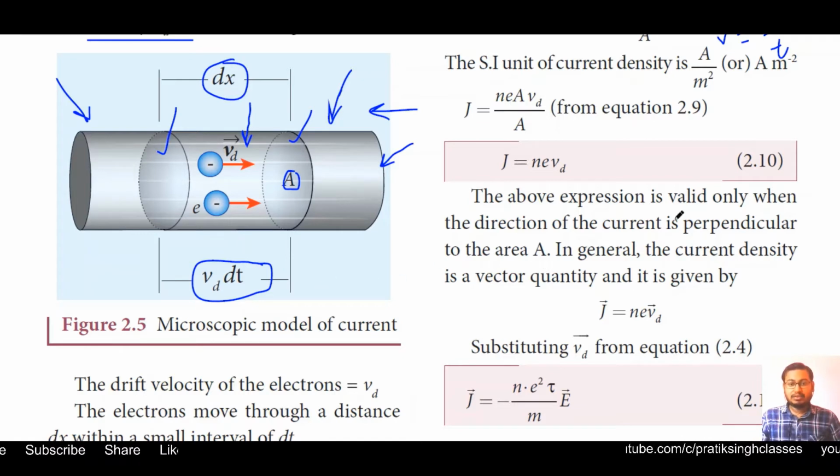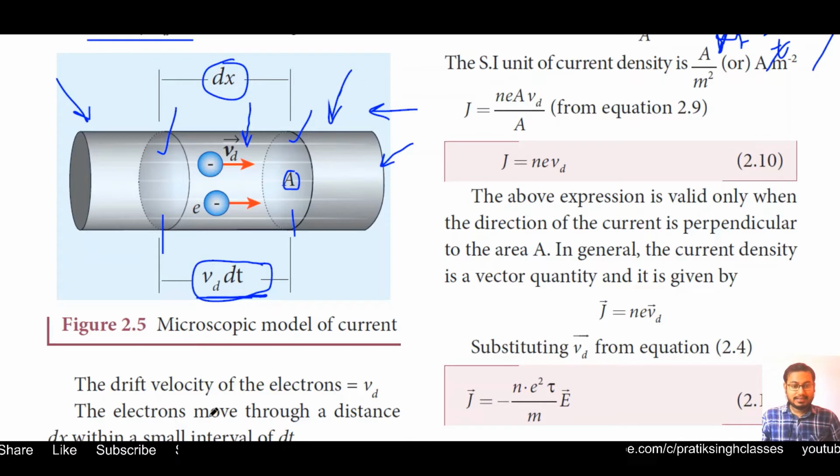We know that velocity is equal to displacement by time, or here, because this is a straight conductor, distance by time. If you multiply Vd by dt, you get the distance. So Vd into dt is the distance from this region to this region, and we can say that dx is equal to Vd into dt.